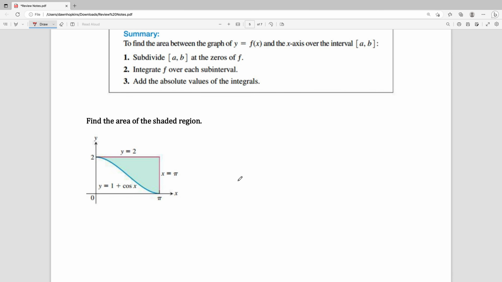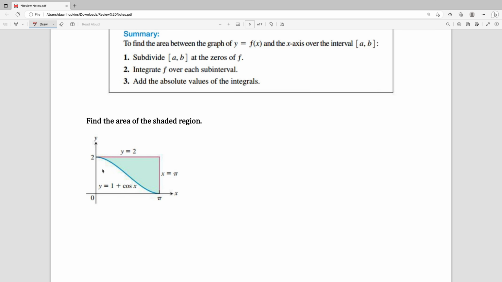For the first example, we're not going to have to worry about a positive and negative area with something being above and something else being below the x-axis, but we are asked to find the area of the shaded region. Now the curve here, the function y equals 1 plus cosine x, is this blue line.